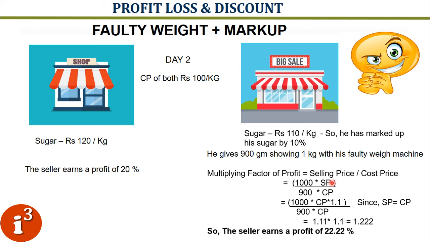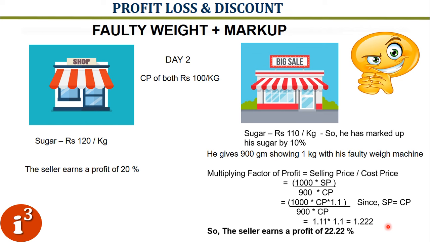But now this SP has been marked up by 10% from the CP. So SP is 1.1 into CP. So 1000 by 900 into 1.1. This is simply 1.11 into 1.1. This is 1.222. We will discuss how to solve this even faster in the problems.